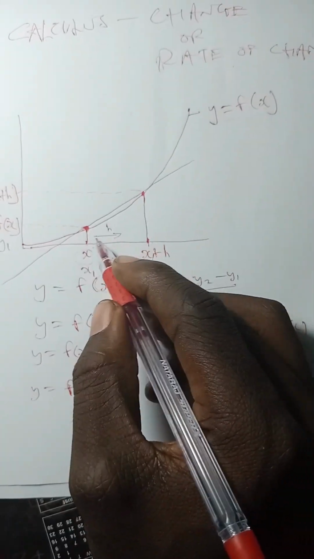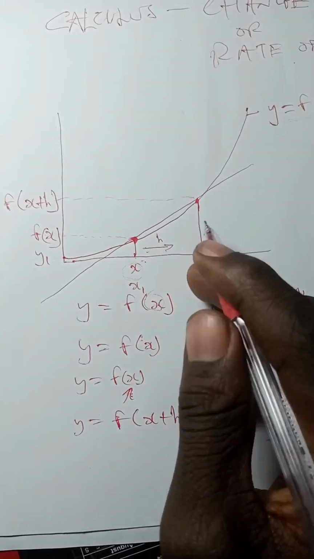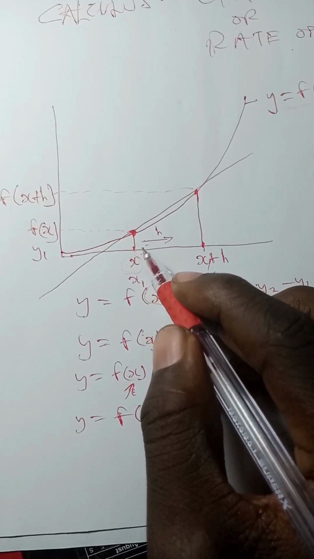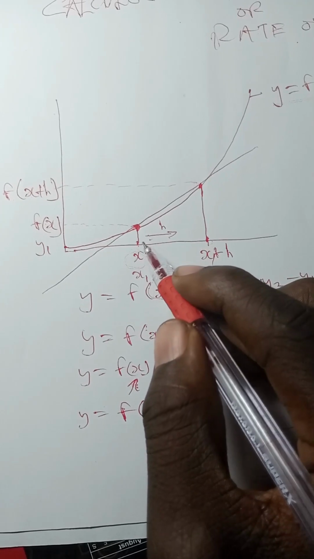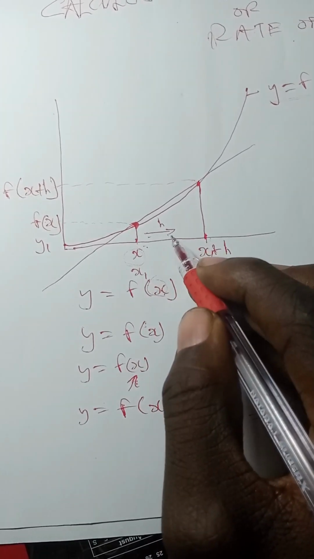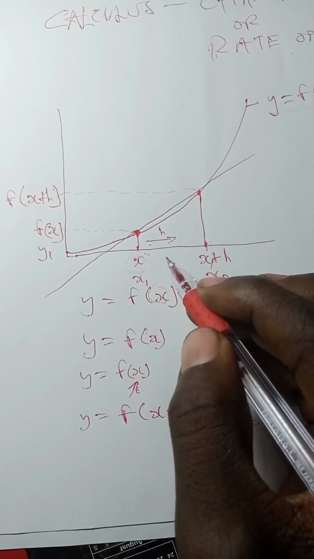Now you realize that one of the aims of calculus is to make sure that the space in here is small. So for example, as x is approaching this other point, this definitely will arrive at a point where it's 0.